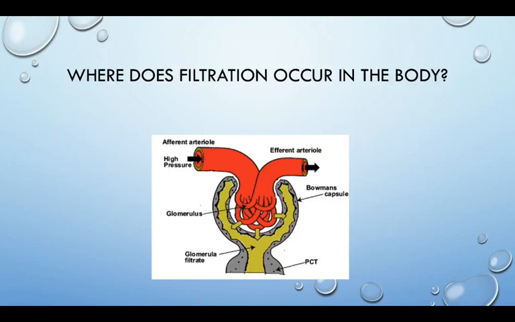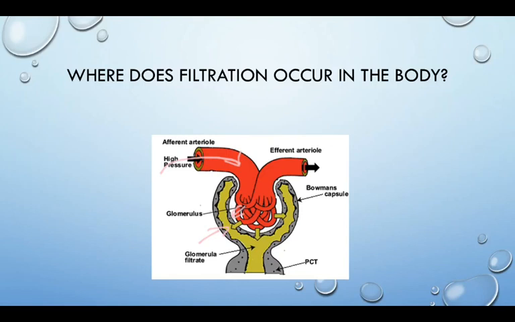Okay, so where does filtration occur in the body? It occurs in the kidneys. Because what happens in the kidneys is blood comes in. I'm going to do this in pink so you can see it here because there's nothing pink on this one. Blood comes in here under high pressure, and fluid comes out, sugar comes out, sodium comes out, all kinds of stuff comes out into the glomerulus, and it becomes part of the filtrate, which is eventually concentrated into urine.